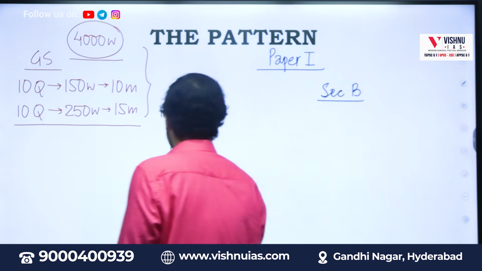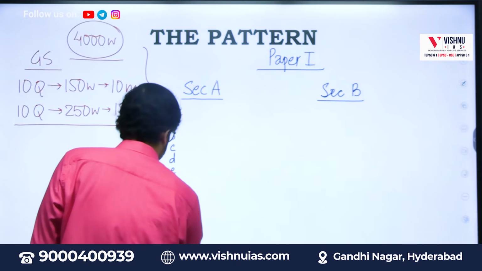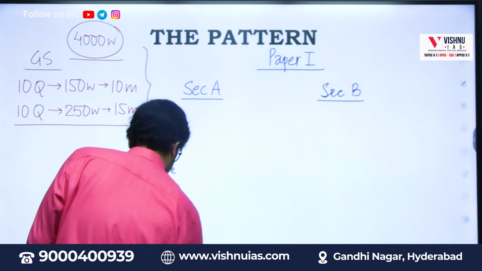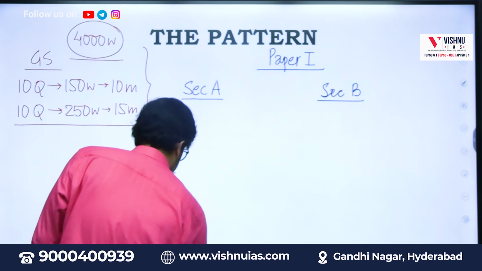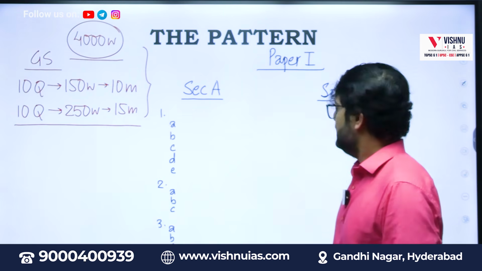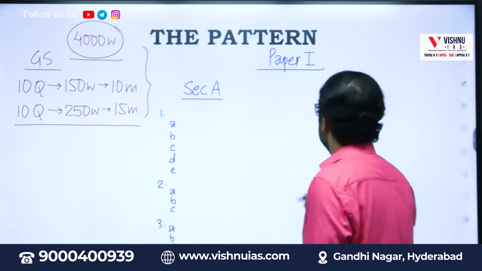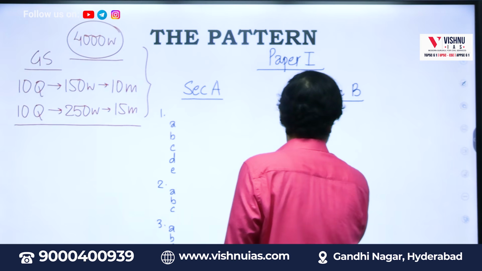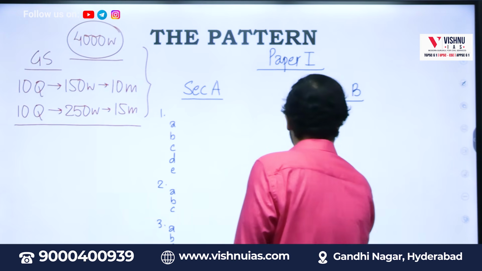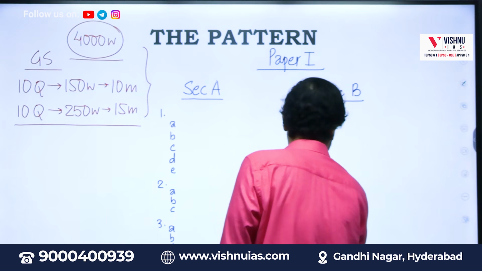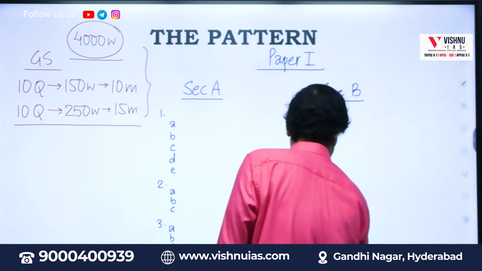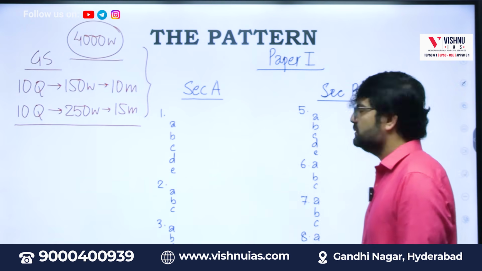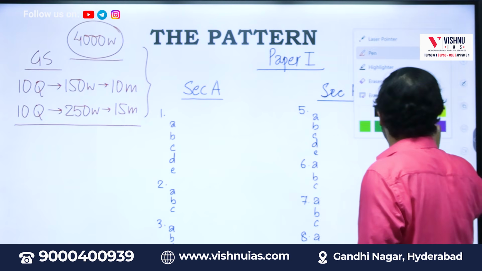Then question 2 has 3 sub-questions, question 3 has 3 sub-questions, and question 4 has 3 sub-questions. Is this point clear? Section B is exactly the same. The 5th question has 5 sub-questions, and the remaining, the 6th, 7th and 8th, will have 3 each.